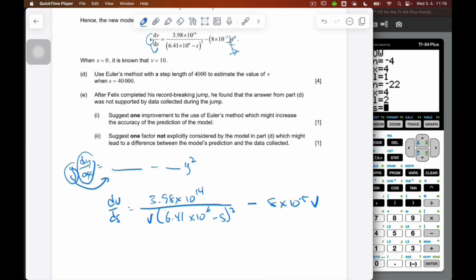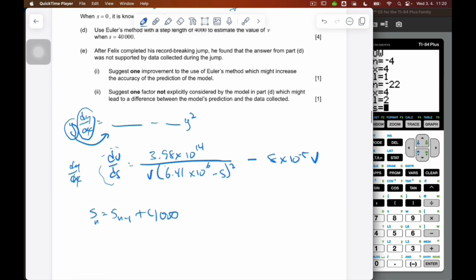And so when I do Euler's method, this is like dy dx. And so I'm going to let my x, which is s n plus 1, go up by 1. But our calculator, we know we have to do it the other way around. So this is s n minus 1, and then it's plus 4,000, my step.